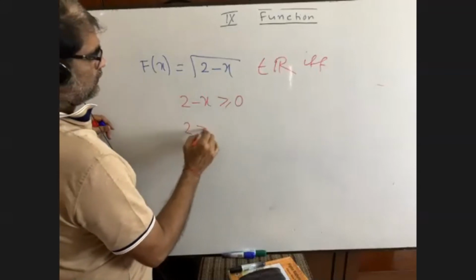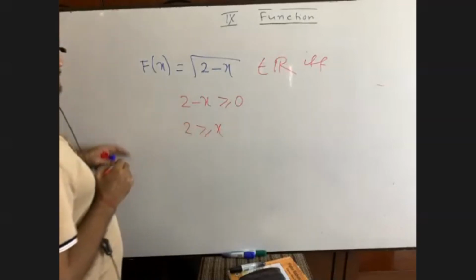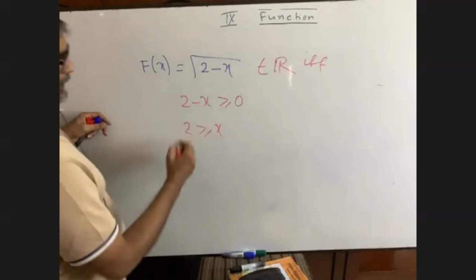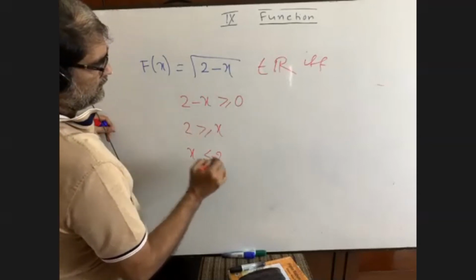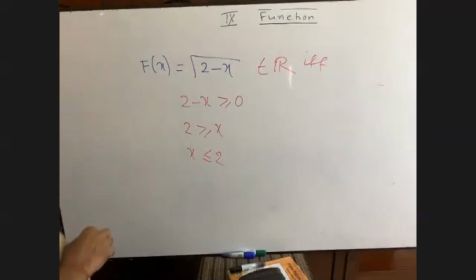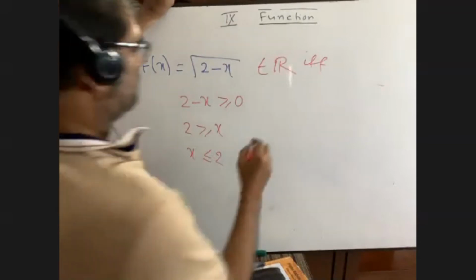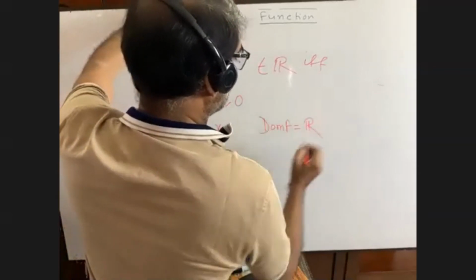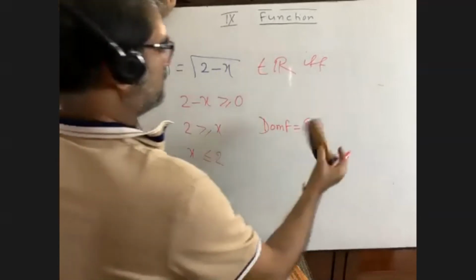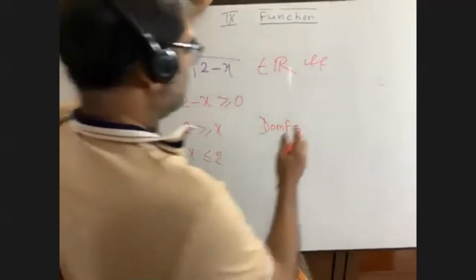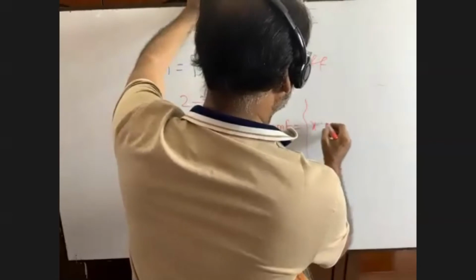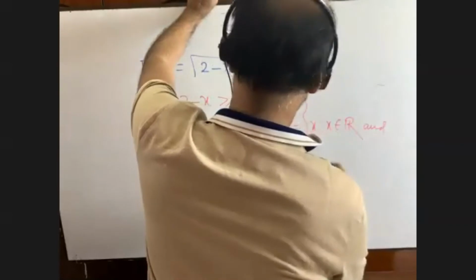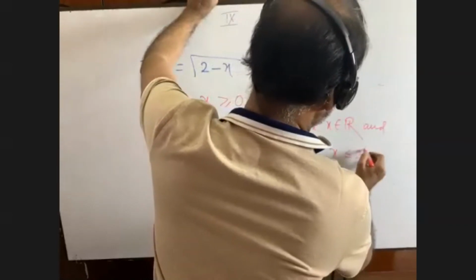That means 2 minus x is greater than or equal to 0. So what is the domain? We have to write it in this way: x belongs to R and x is less than or equal to 2. This is the domain.